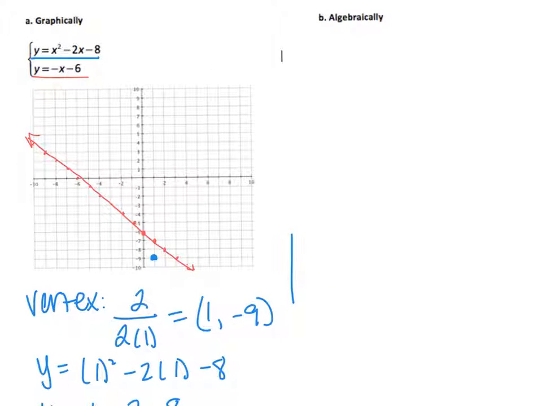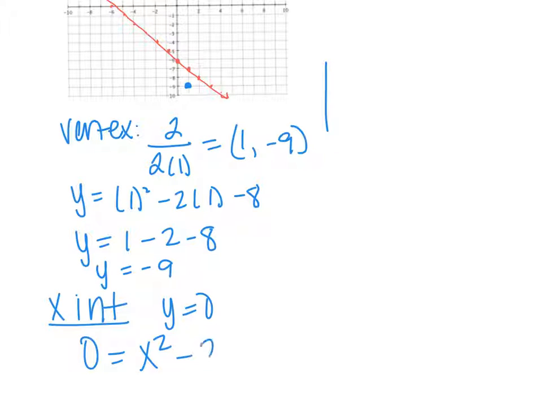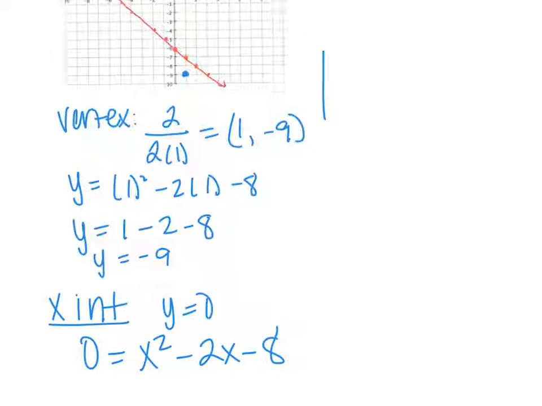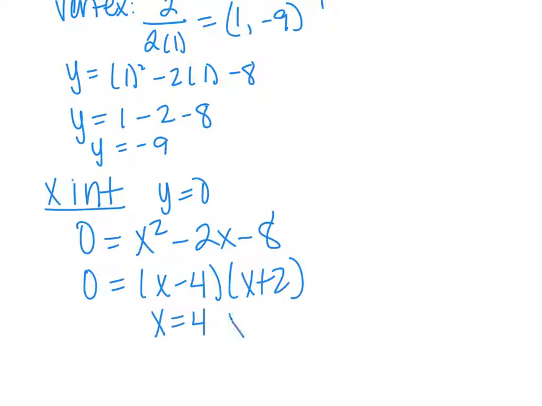Okay, I'm going to go ahead and find the x-intercepts and the y-intercept as well. So for the x-intercept, y equals 0, so that's 0 equals x squared plus 2x minus 8. So my intercepts are at 4, 0, and negative 2, 0.